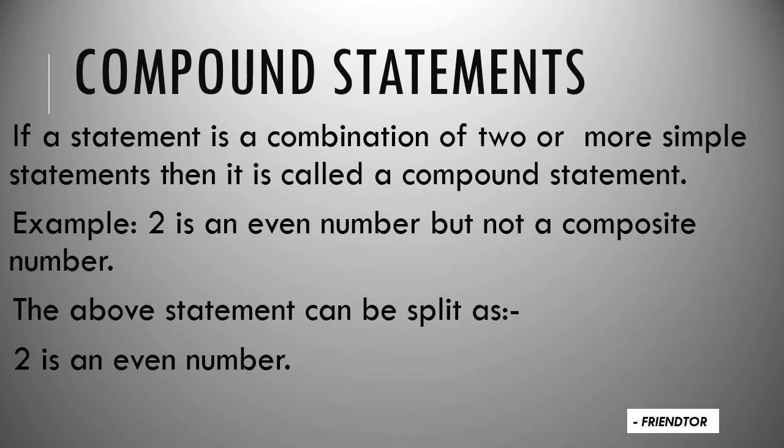That is, first is 2 is an even number, and then the statement is 2 is not a composite number. Now if you join these two, you will get the compound statement which is in the example. Okay. So compound statement means just a combination of two or more simple statements. Okay. Now let's get into the next major topic, that is logical connectives.